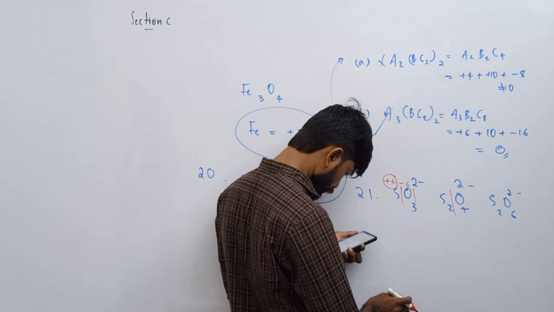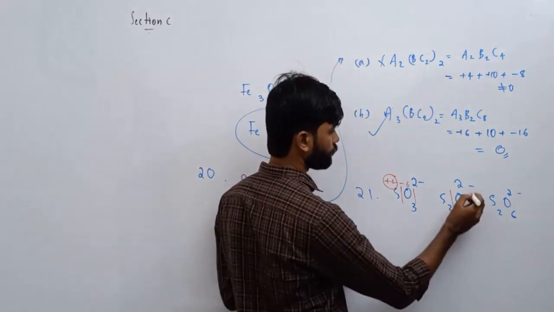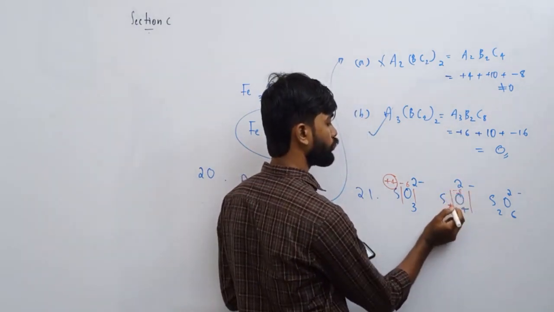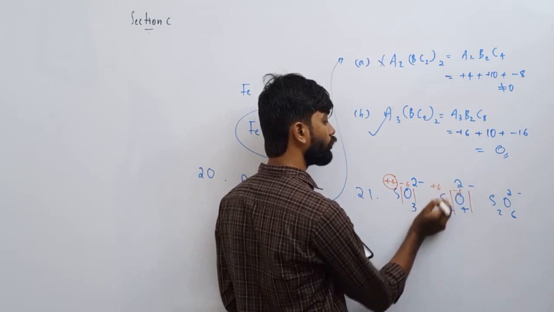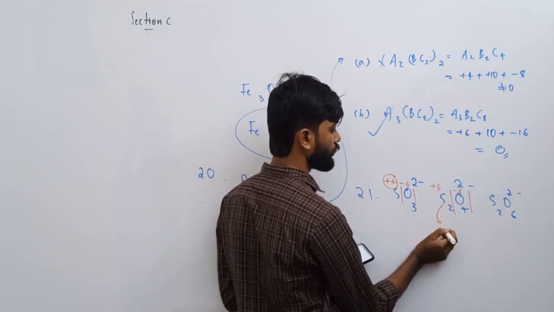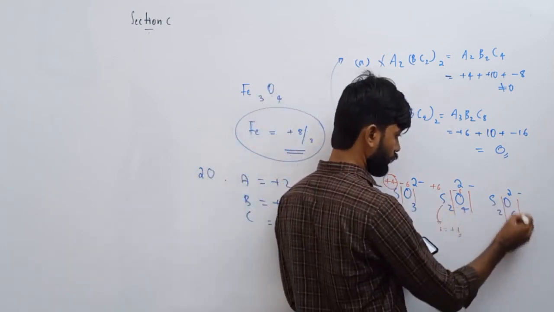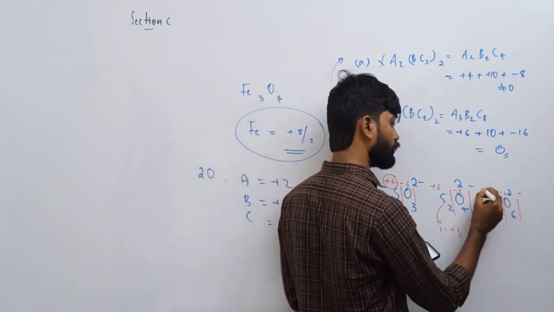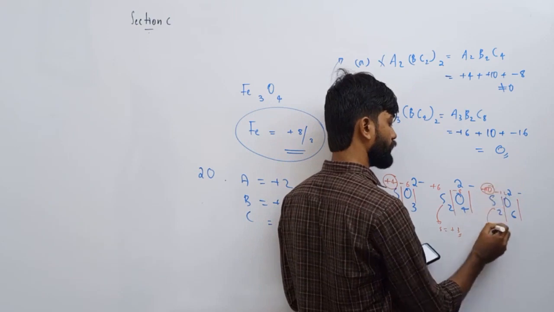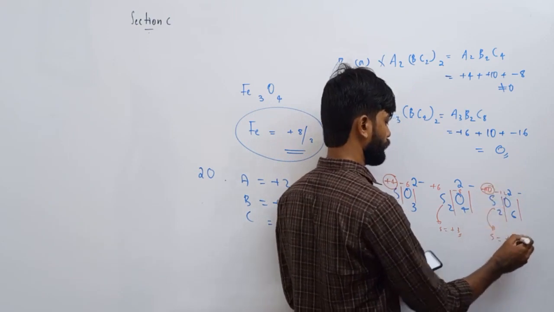And this is S2O4 2-. The oxygens give minus 8, so in order to get minus 2 outside, the sulfurs total plus 6. Plus 6 means each sulfur will be plus 3. And S2O6 2- has oxygens giving minus 12. In order to get minus 2 outside, this will be plus 10. Plus 10 means each sulfur will be plus 5.